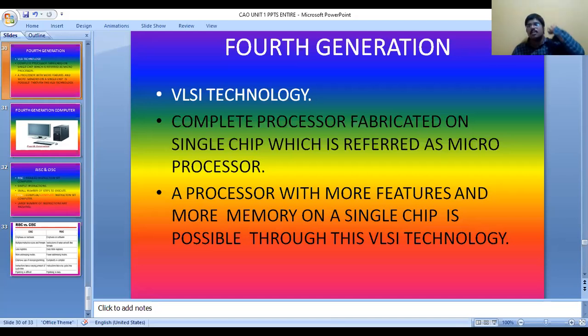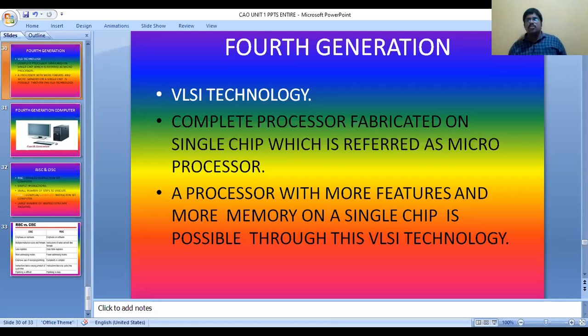As per your basic knowledge, after small scale integration there is medium scale, later large scale, later very large scale. But as per this textbook, they might have combined small, medium and large scale as the third generation, and in the fourth generation we have very large scale integrated circuits.